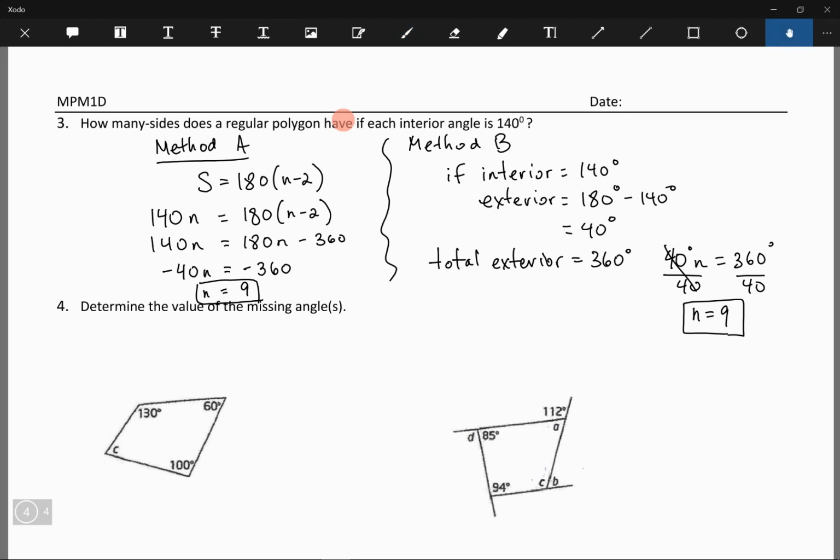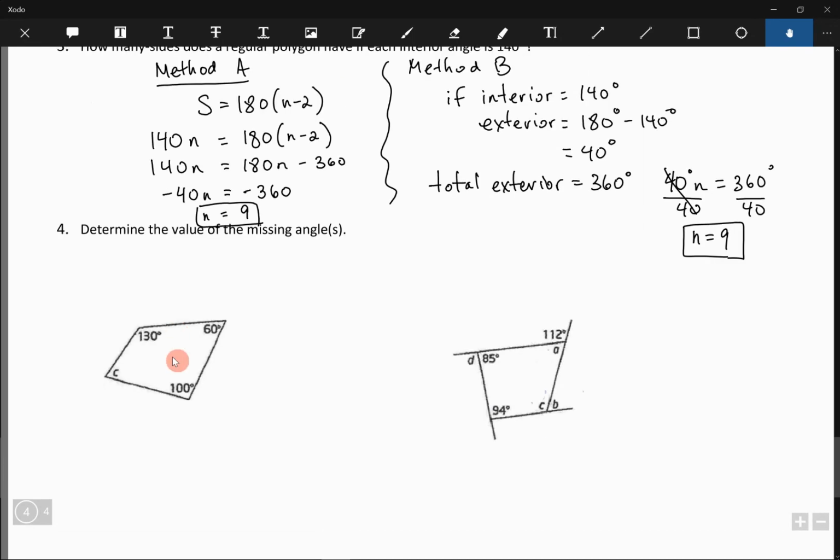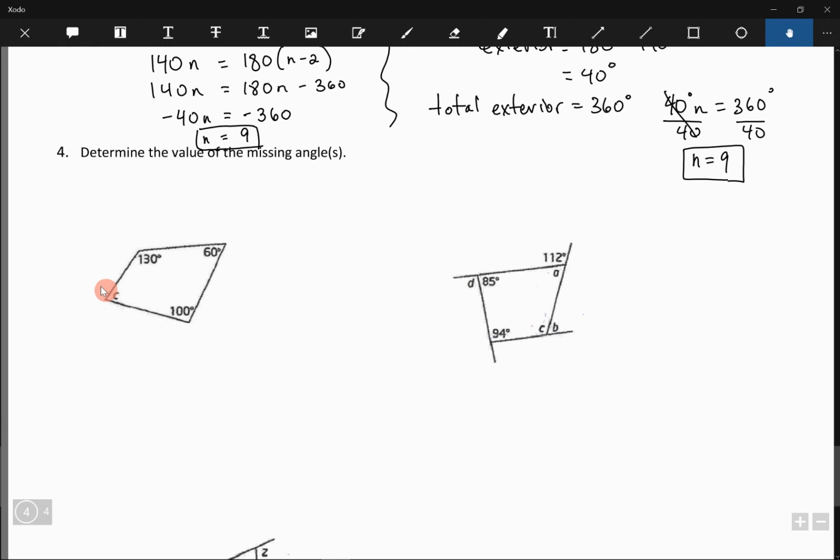All right, let's find the value of some missing angles here. So how do I find the value for angle C? The sum of all the interior angles inside a quadrilateral, it's a 4-sided shape, so S is equal to 180 times n minus 2, so n is equal to 4, so 180 times 4 minus 2, which is 2. 2 times 180 is 360 degrees.